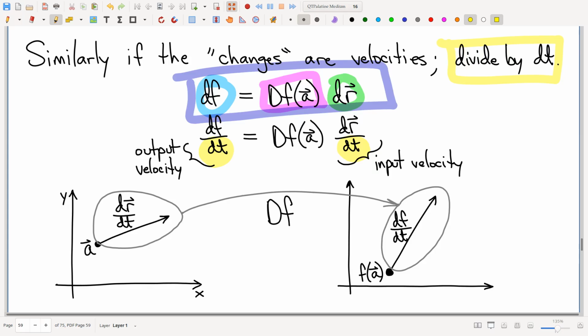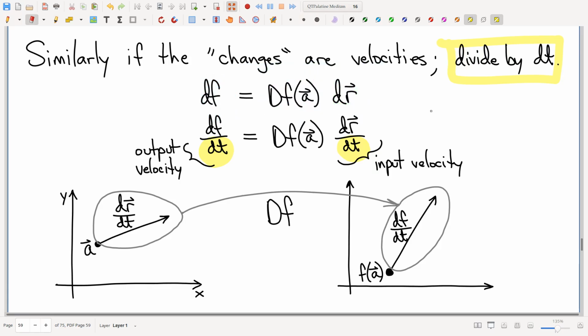Formalities, awkward. But morally this is fine. And so that gives us what I'm going to call a new interpretation of the derivative matrix. Now the derivative matrix relates this, whatever that is, to this, whatever that is.